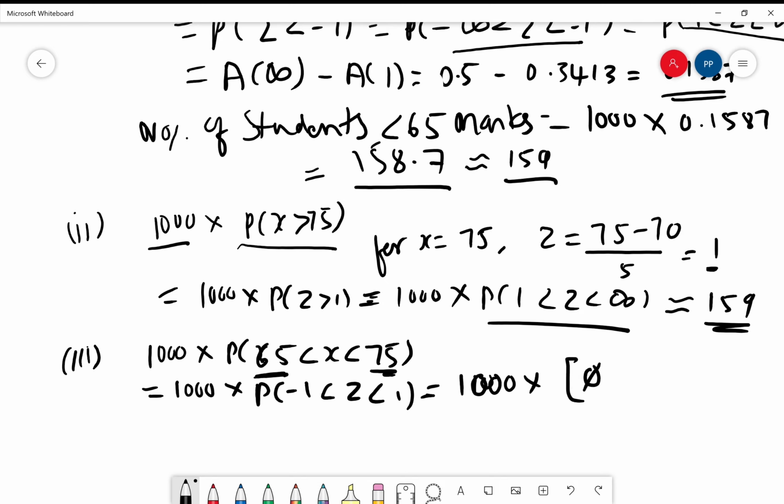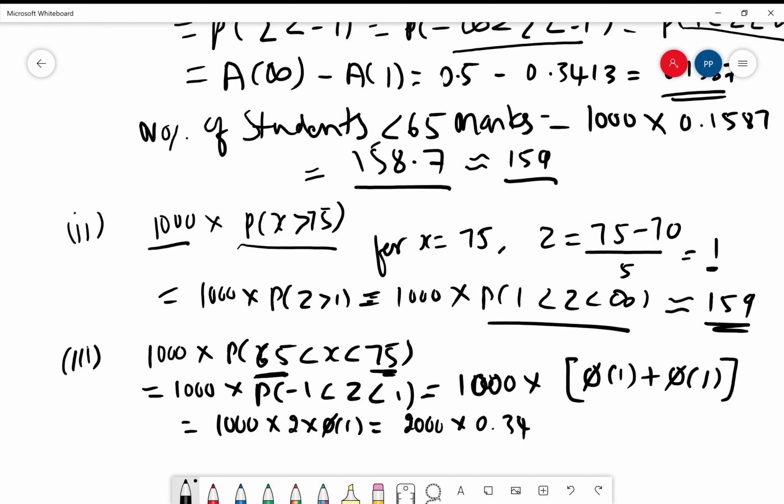so it is phi of the upper limit plus phi of the absolute value of the lower limit, which is minus 1, absolute value plus 1. So this becomes 1000 into 2 times phi of 1, and phi of 1 is nothing but, same as the previous one, 0.3413. So 2000 into 0.3413.